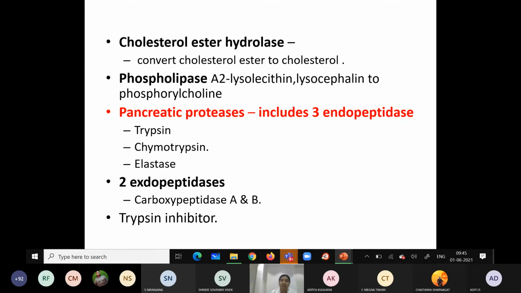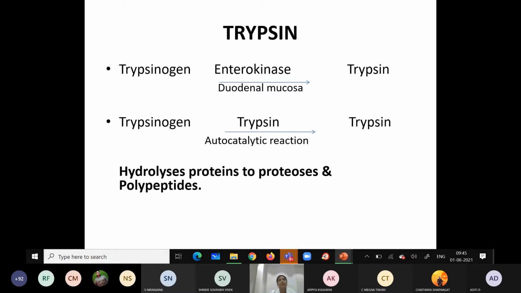If trypsin inhibitor is not present or is secreted in lesser amounts, as happens in acute pancreatitis, there will be necrosis of the pancreatic tissue. Acute pancreatitis will lead to necrotizing pancreatitis, because trypsin inhibitor is deficient. So that is the role of trypsin inhibitor.